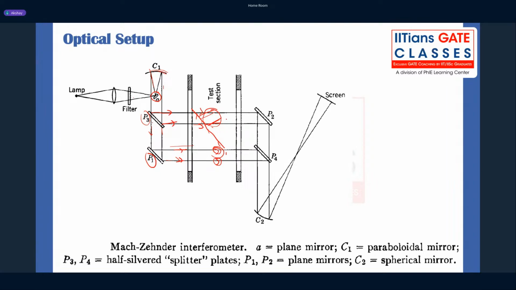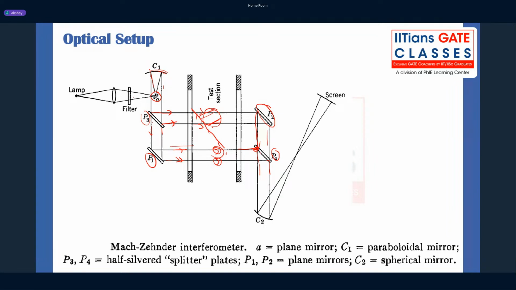Because of that, the light which falls onto this mirror P2 will all be reflected, and there is a mirror P4, which is again the filter kind of thing, which allows this light through and also reflects the light which is coming from P1. So now there is a light coming from this part and a light coming from this point.